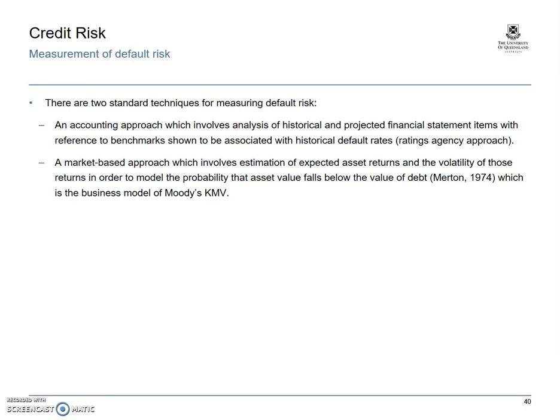A second approach is called a market-based approach, which involves estimation of expected asset returns and the volatility of those returns in order to model the probability that asset values fall below the value of the debt. And this was introduced by Merton in his 1974 paper. And this is the business model of Moody's KMV division.